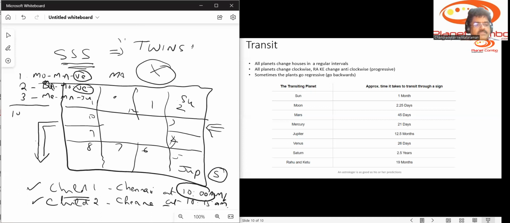This chart, the timing is 10:21 a.m. Okay, time of birth. When you make it 10:23, most likely this will change. So the accuracy you get with this SSS model is up to 2 minutes of birth, which I think can explain why life varies for twins, right? And that is what the theory of SSS is all about.